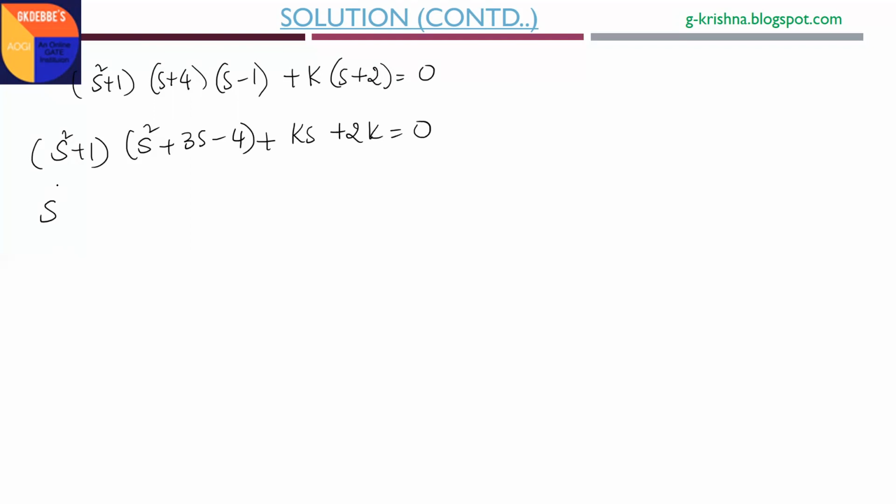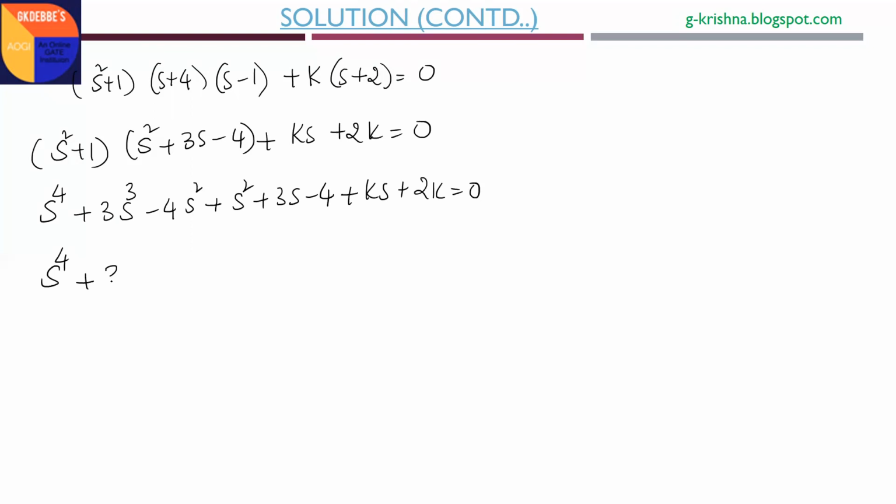When you simplify this one, S power 4 plus 3S cube minus 4S square plus S square plus 3S minus 4 plus KS plus 2K equal to 0. Simplifying further, we get S power 4 plus 3S cube minus 3S square plus (3 plus K) into S plus (2K minus 4).